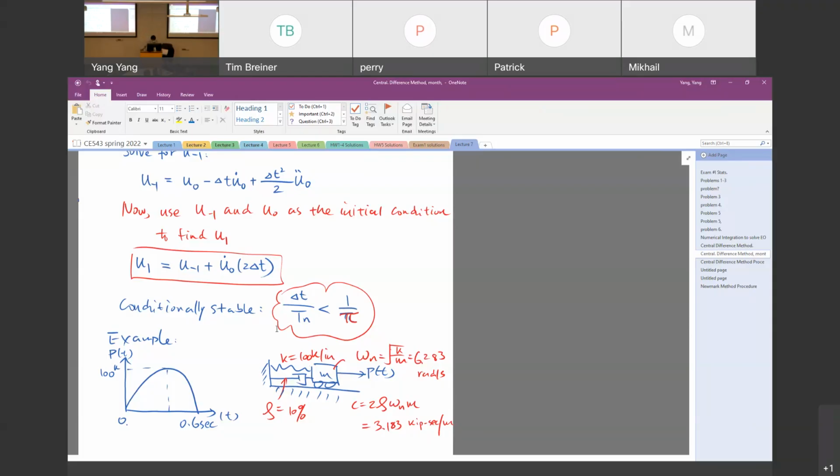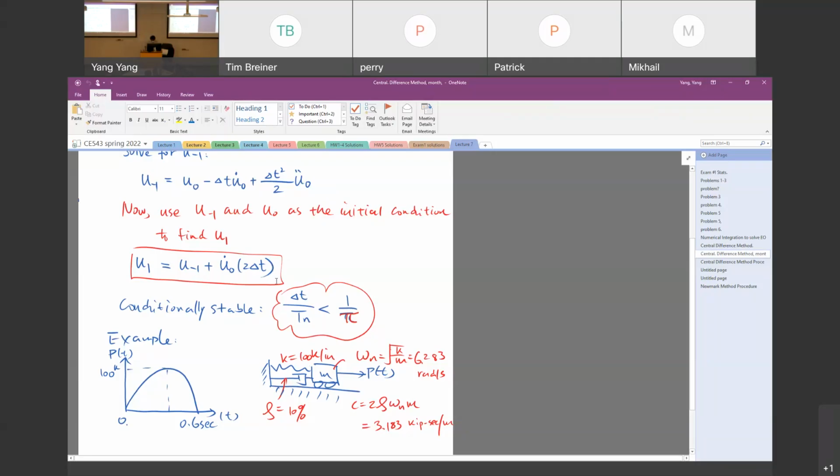And the last time we started the example, and if we have a half sine impulse loading, we should be able to use the central difference method to do the calculation and give us the displacement, velocity, as well as the acceleration of the system there.